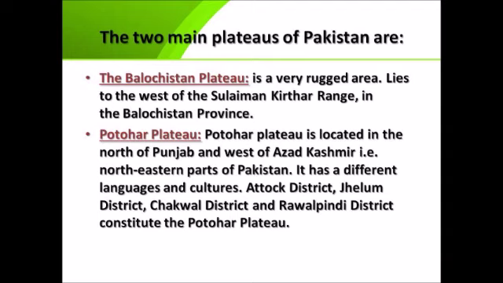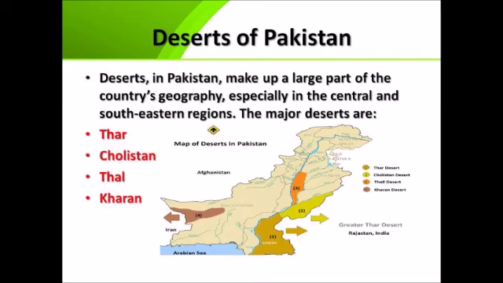Our next feature is deserts of Pakistan. Deserts in Pakistan make up a large part of the country's geography, especially in the central and southeastern regions. The major deserts are Thar, Cholistan, Thal, and Kharan.